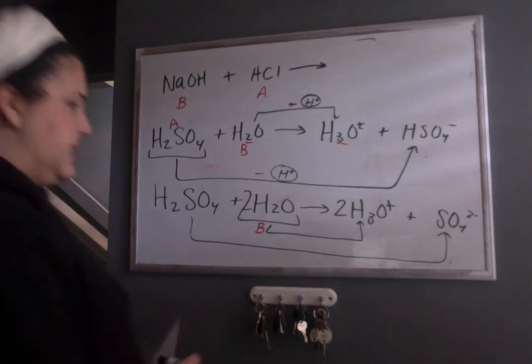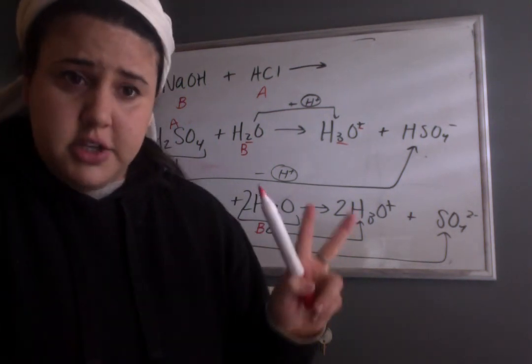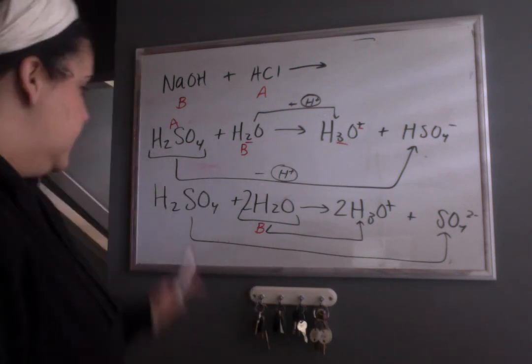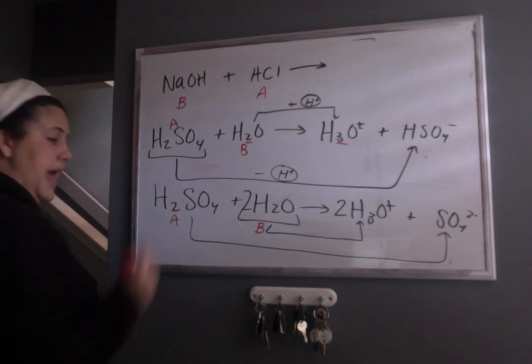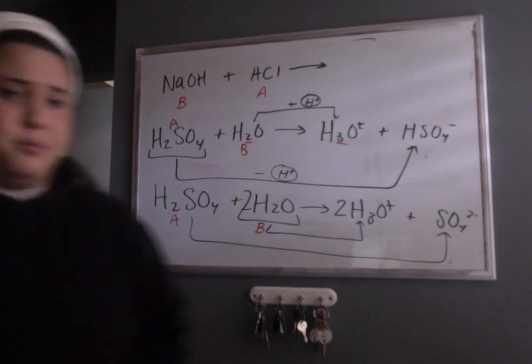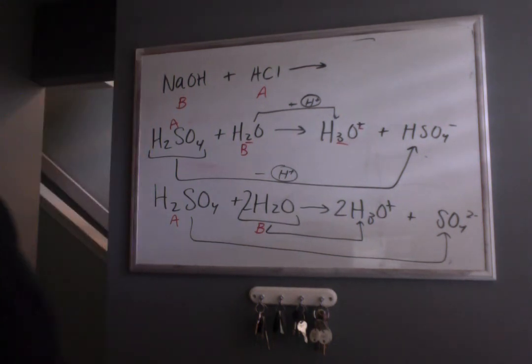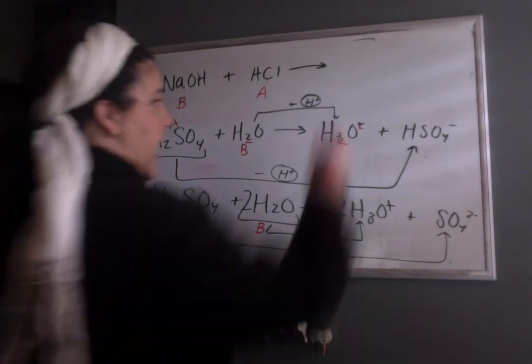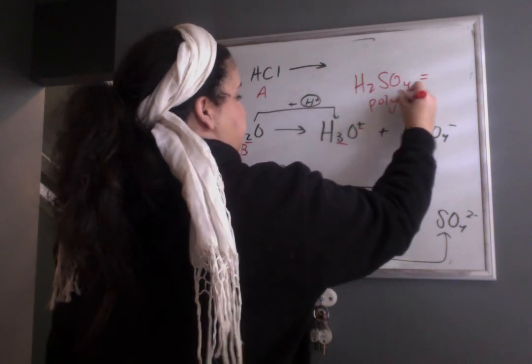When I see this, I see a loss of protons. In this case, I actually see a loss of 2 protons. Now I didn't lose anything else, so I'm going to call this my acid who donated 2 protons. Now, when I donated 2 protons here, this is actually called a polyprotic acid. H2SO4 is a polyprotic acid.